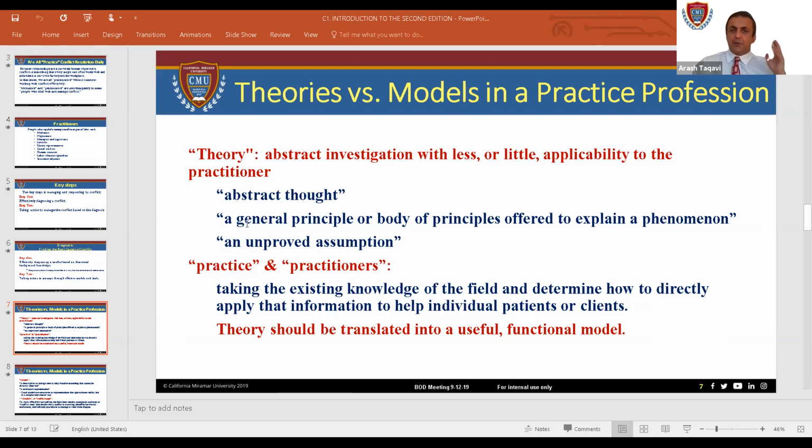So theory is an abstract thought, a general principle or body of principles offered to explain a phenomenon. Please note that we are using the word explain, thinking and offering about causality, causation, and sometimes about correlation, not the cause of another factor.